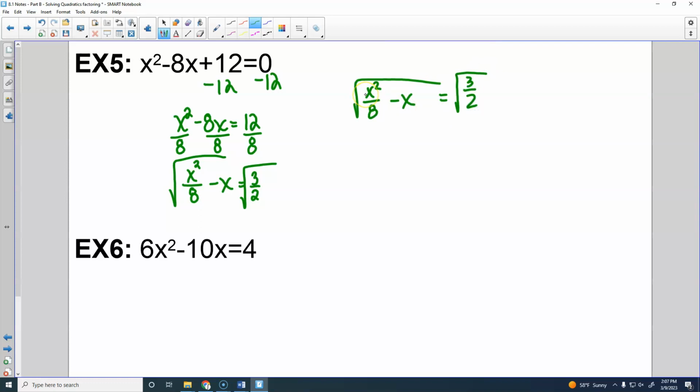This square root is not going to get rid of that square, because, for example, if I have the square root of 4 plus 9, that equals the square root of 13. It does not equal 2 plus 3, which is 5, right? That would be wrong. So if you have two things that are added or subtracted underneath the square root, you can't take the square root of them separately. So that would give me this.